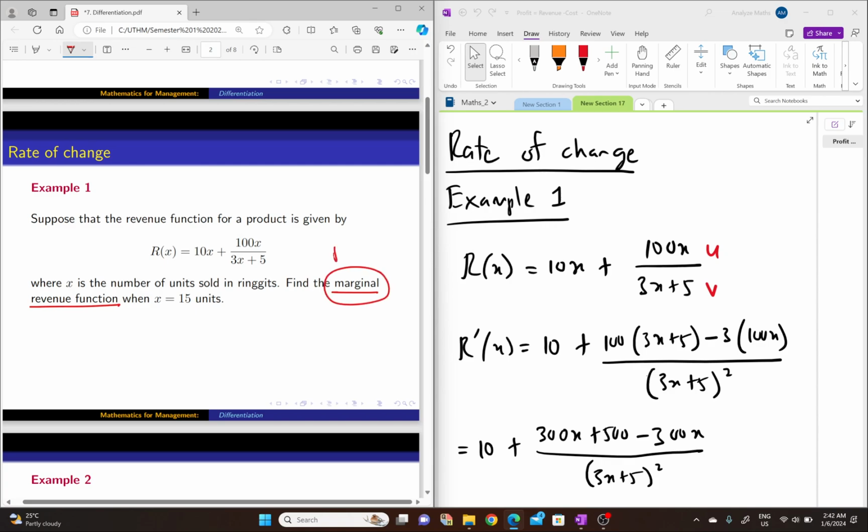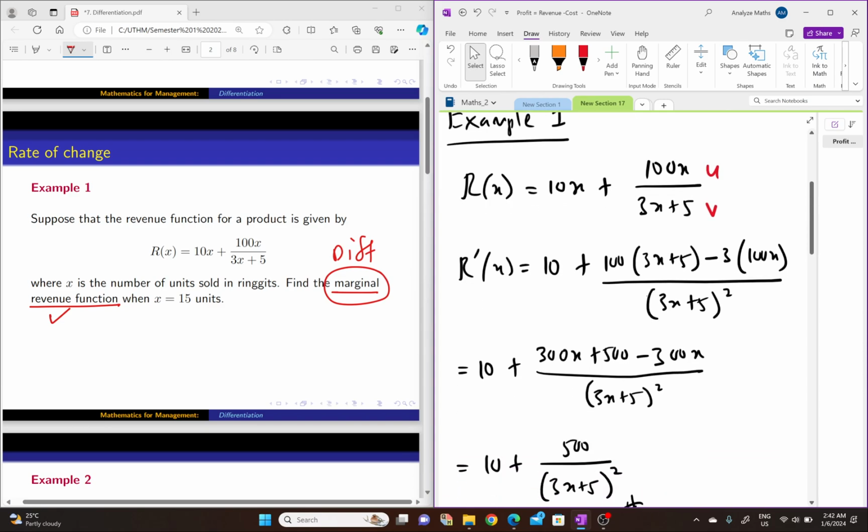Marginal means you have to differentiate. Which one you differentiate depends. If they ask for the revenue function, find the revenue function and differentiate. If they ask for the profit function, find the profit function and differentiate. Cost function, you differentiate. It depends on the function. Here, revenue function, you differentiate.